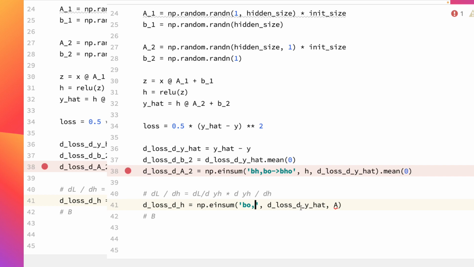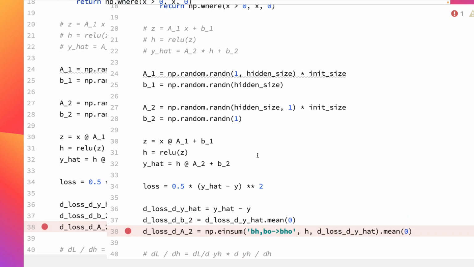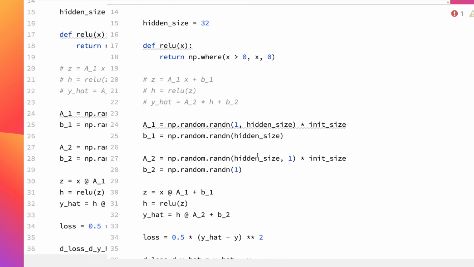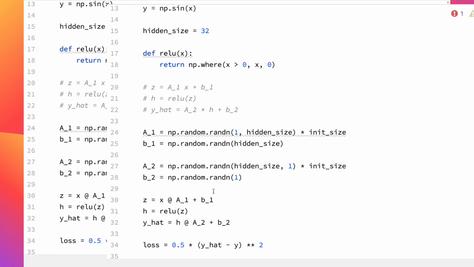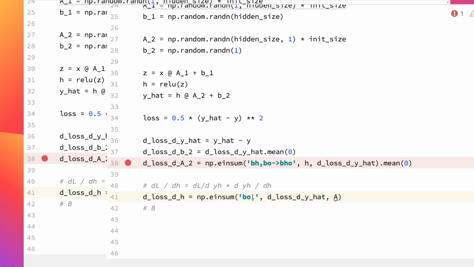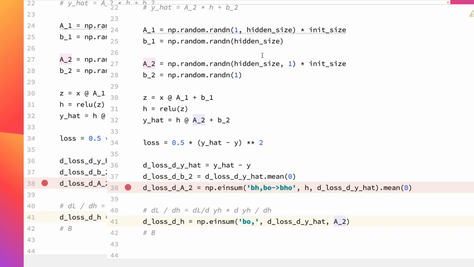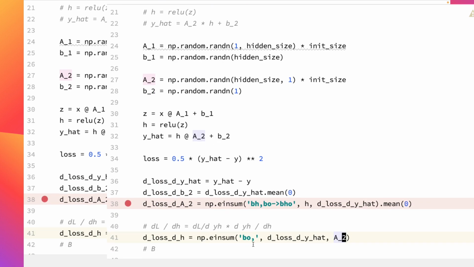So it's 256 times 1, whatever the batch size was. And then A2 is hidden by 1.